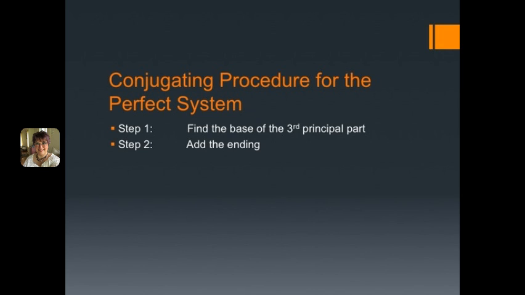The first step is to find the base of the third principal part. That's the big difference between the present system and the perfect system. Now remember that principal parts are listed on a vocabulary list. And when you look at verbs on a vocabulary list, you might see 2, 3, or 4 different words.